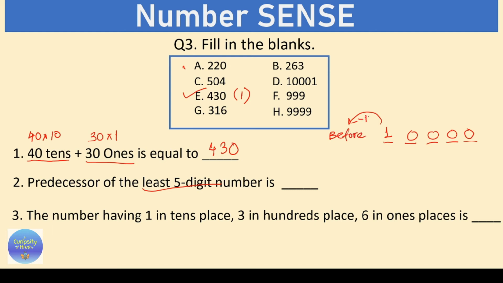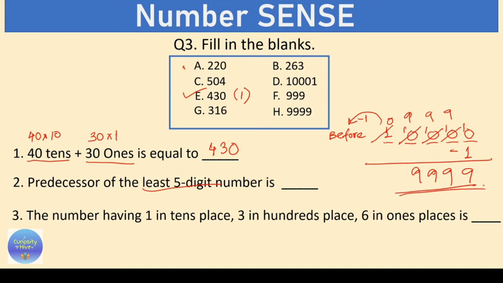We need to subtract 1 from it. So if I subtract 1 from this, what will I get? This becomes 9, this becomes 9, this becomes 9, and finally we have 10 here. 10 minus 1 is 9 and the remaining 9 comes down. So 4 nines is your answer. This is your answer for 2, which is H. So let me mark 2 here.